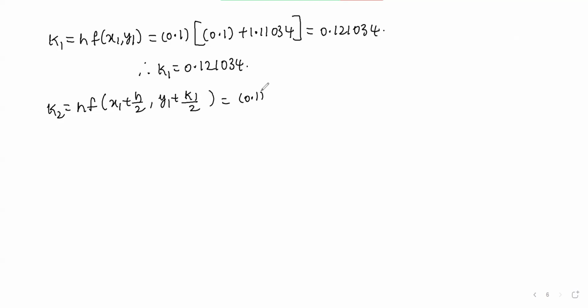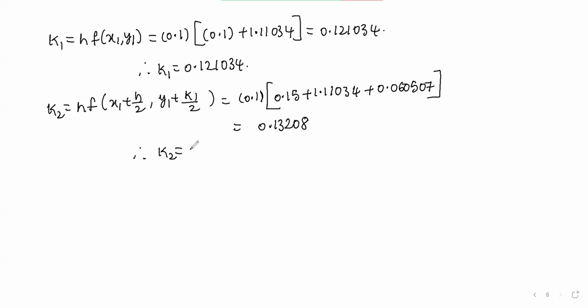h అంటే 0.1 bracket open 0.15 plus 1.11034 plus 0.060507, that is equal to 0.13208. ఇదంతా నేను ఆల్రెడీ find out చేశాను కాబట్టి రాశాను, మీరు జస్ట్ ఈ ఫార్ములాలో substitute చేసుకోవాలి.